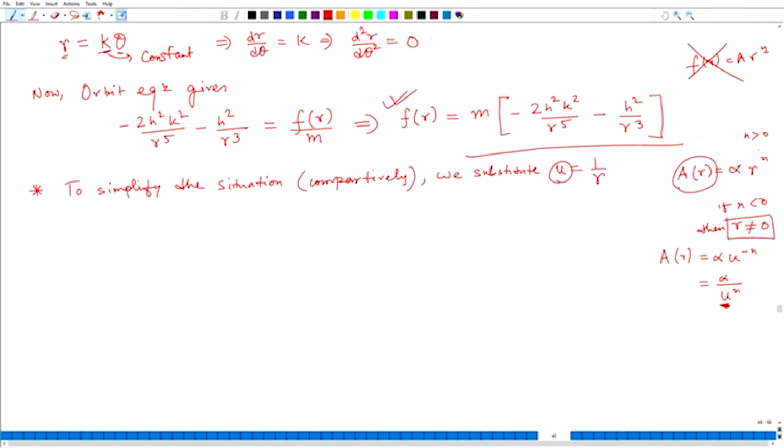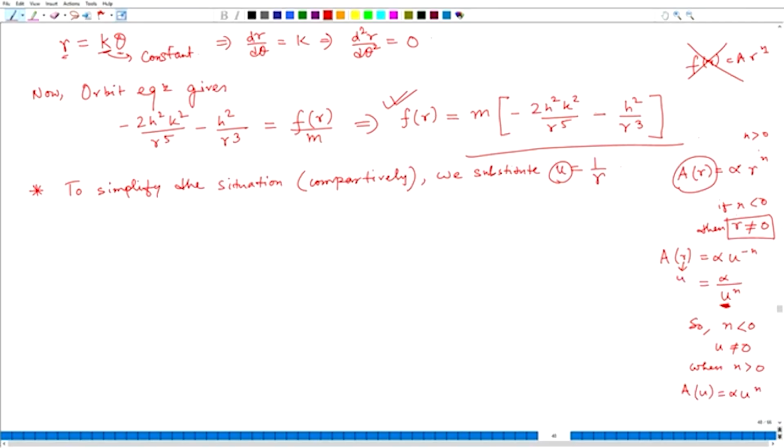So again the point is that when n is negative, then u should not go to 0. And of course when n is positive, that means a of u is equal to alpha u to the power n.